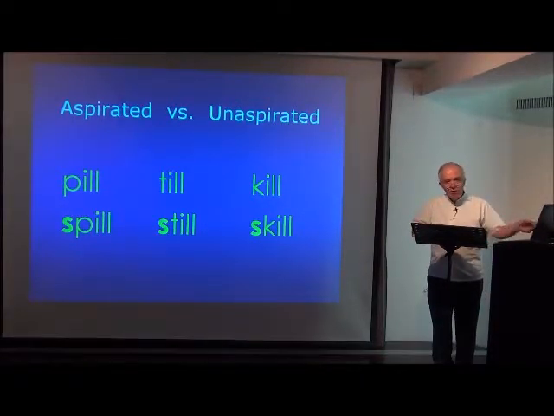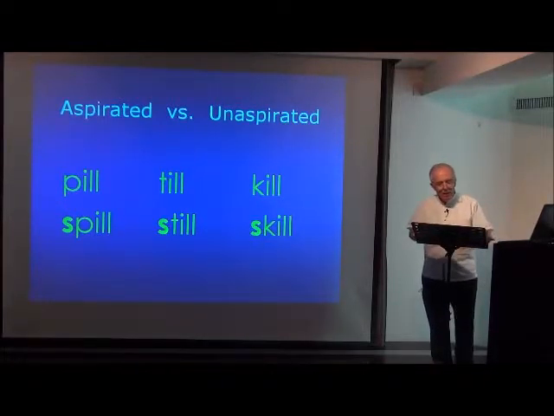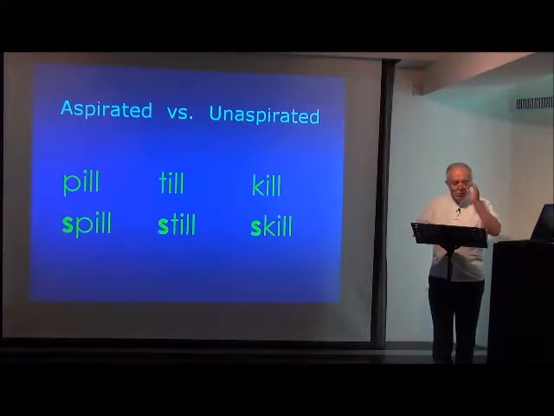And that's what the B, D, G is in Chinese. It's the P of spill, the T of still, and the K of skill. And so the B is unvoiced, vocal cords not vibrating, and unaspirated, no air coming out.